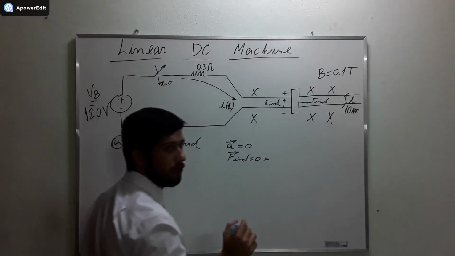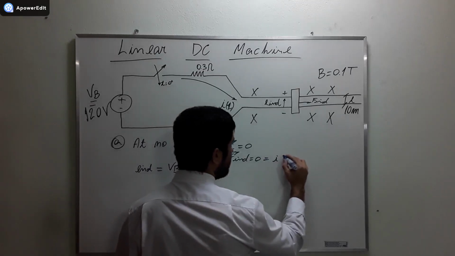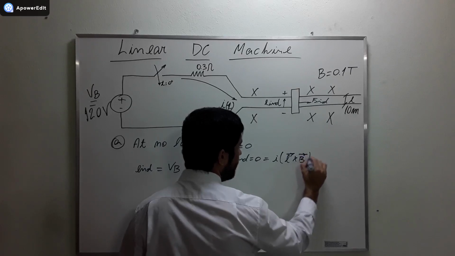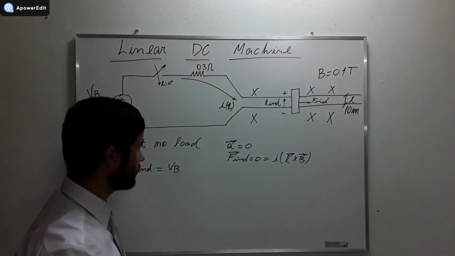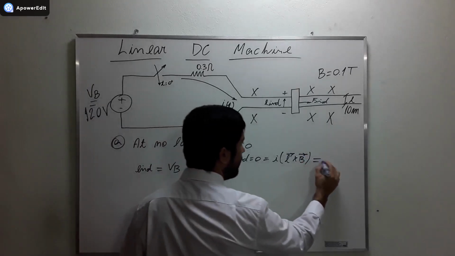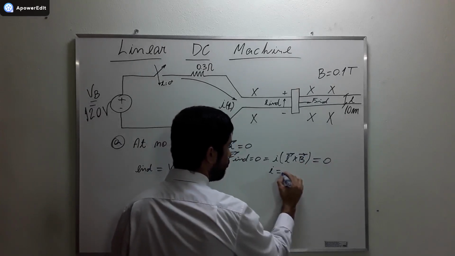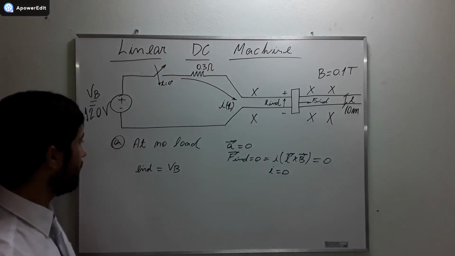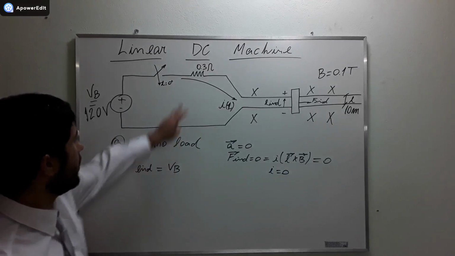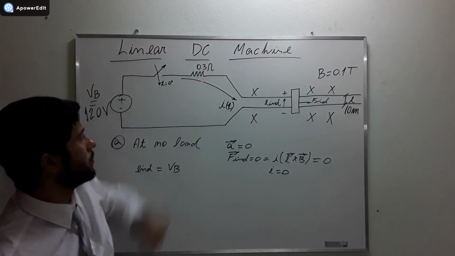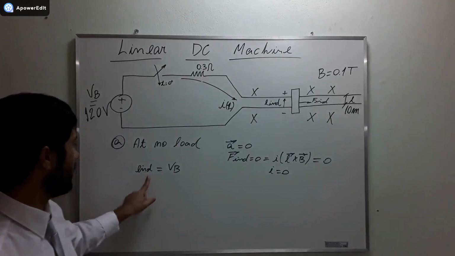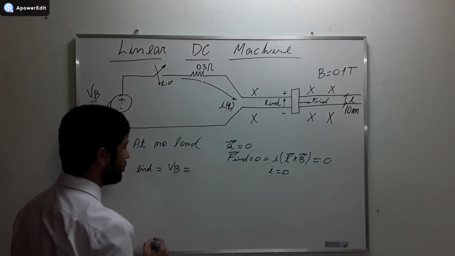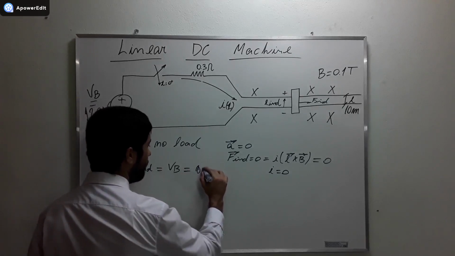See that the law of induction says that this force is equal to I L cross B. Okay? If it is zero, then the current is also zero. The machine is not consuming current. Okay? If the current is equal to zero, then this term here can be neglected. And then we are going to have this. Okay? And the induced voltage is equal to vBL.